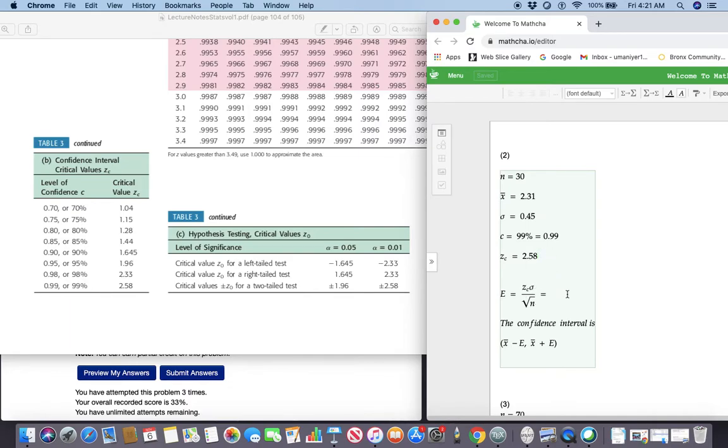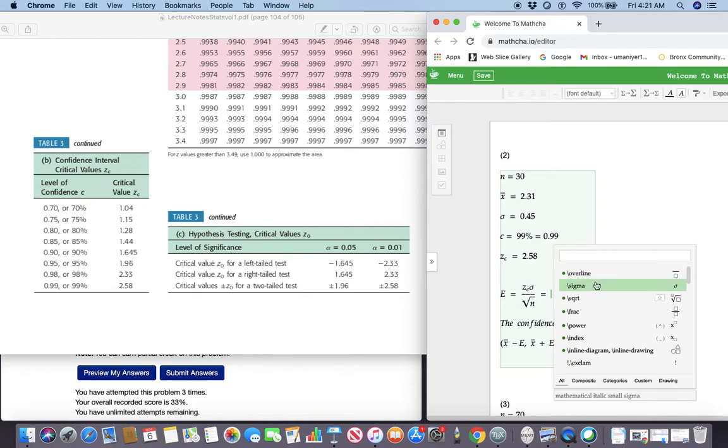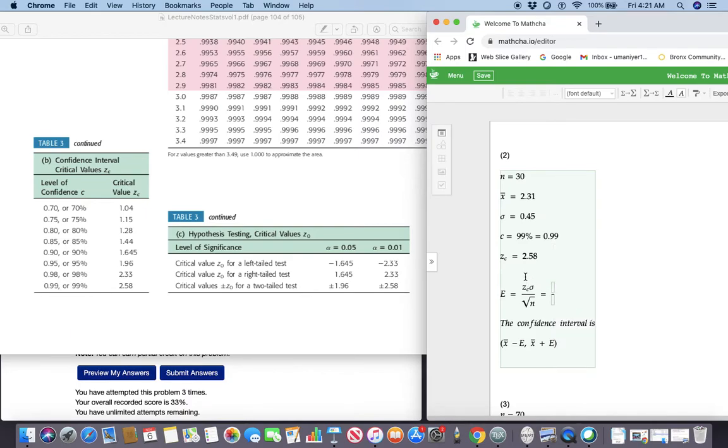Now this formula tells me I have a fraction. What goes upstairs? 2.58 times sigma 0.45 over square root n, which is 30. We need to find this value.